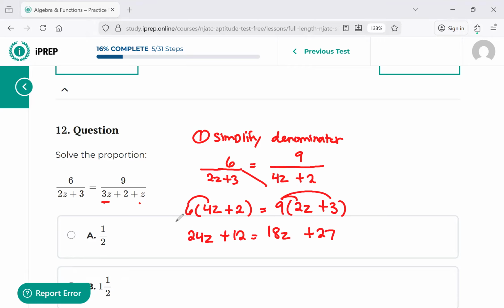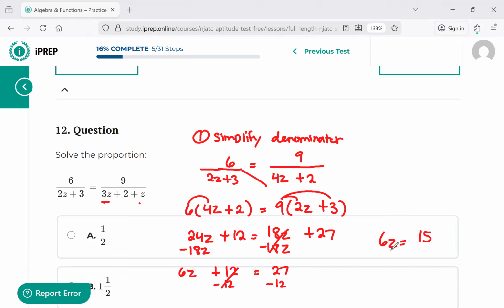And then solve for z, so I'm going to subtract 18z, I mean, get all the z's on one side. 24 minus 18 is 6z. 12, subtract 12 on both sides. And then we get 27 minus 12, which is 15.